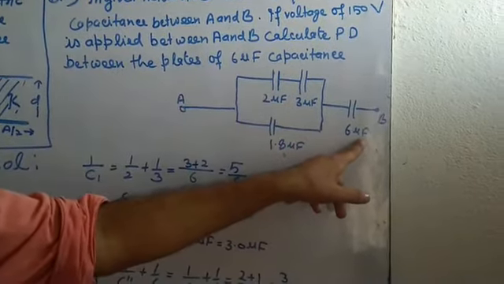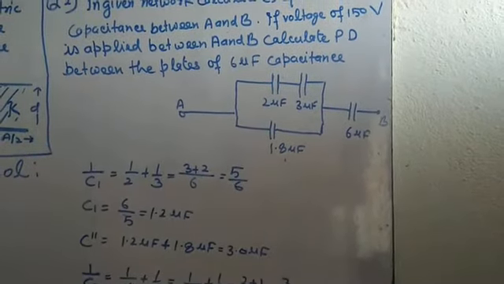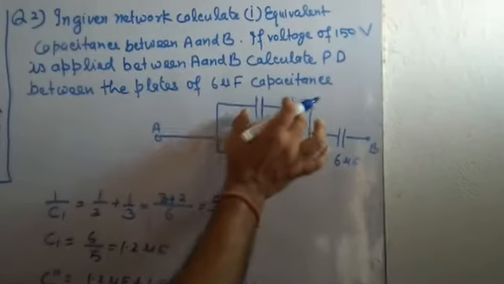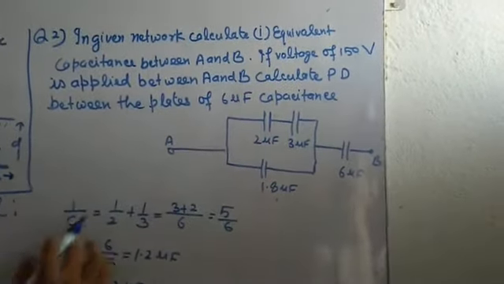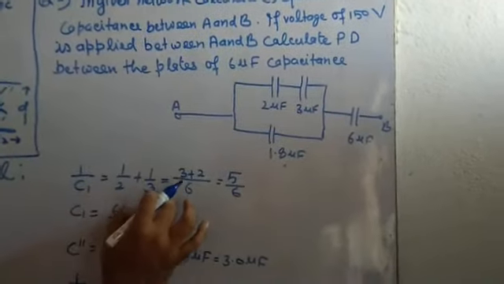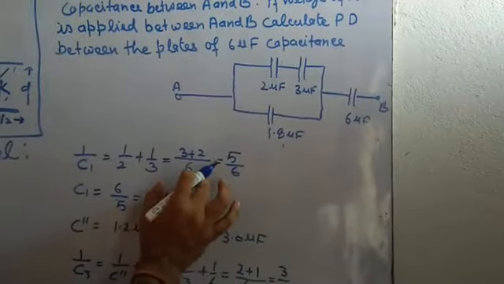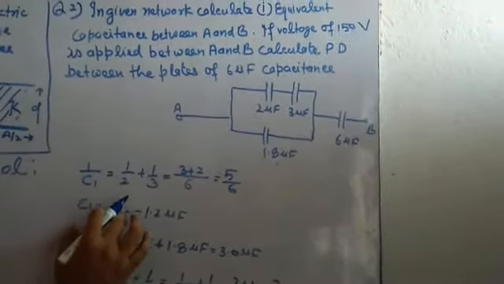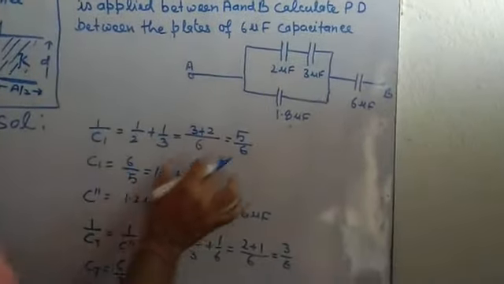microfarad capacitance. Now, first, these 2 and 3 are in series combination, so for the equivalent capacitance, 1 by C1 equals 1 by 2 plus 1 by 3, that will be 5 by 6, or C1 equals 6 by 5, 1.2 microfarad.